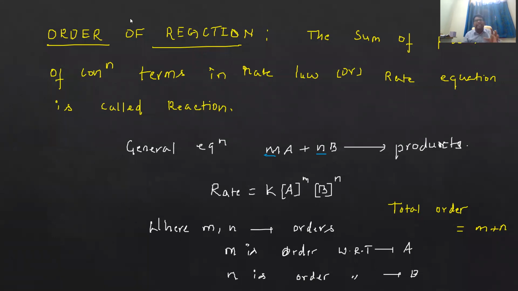M is order with respect to A, n is order with respect to B. Therefore, total order of this reaction is m plus n. Here m and n may or may not be the same. For example, sometimes m is 1, sometimes n is 2.